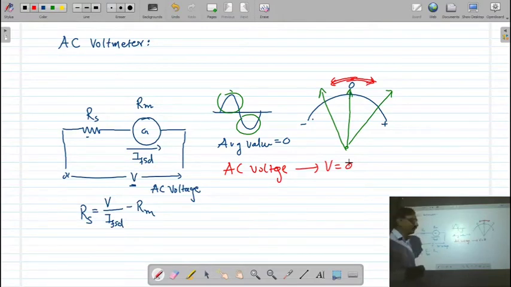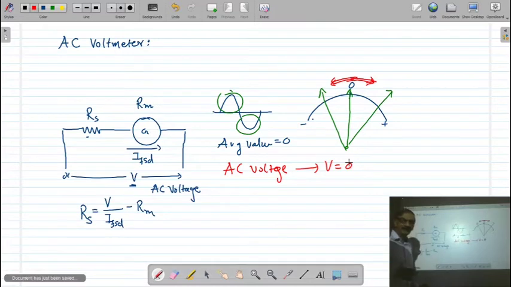So basically the principle of the AC voltmeter is that you have to convert your AC voltage into DC voltage. And for that, you have already learned in the first year that we can use the rectifier circuit.